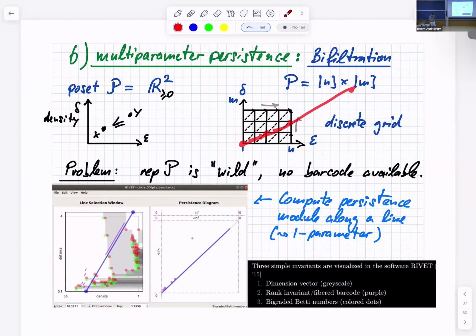And then I also have a module which depends only on one parameter. So I can do one parameter persistence theory on that line. Yeah. And there's a software available called Rivet, and this software is being developed by Mike Lesnick.